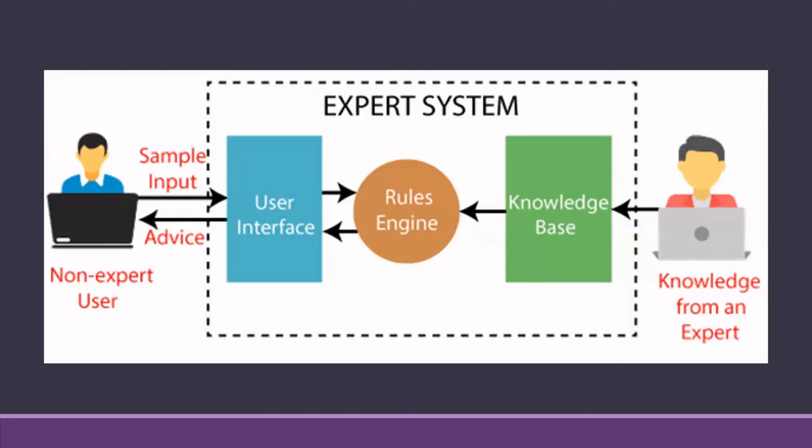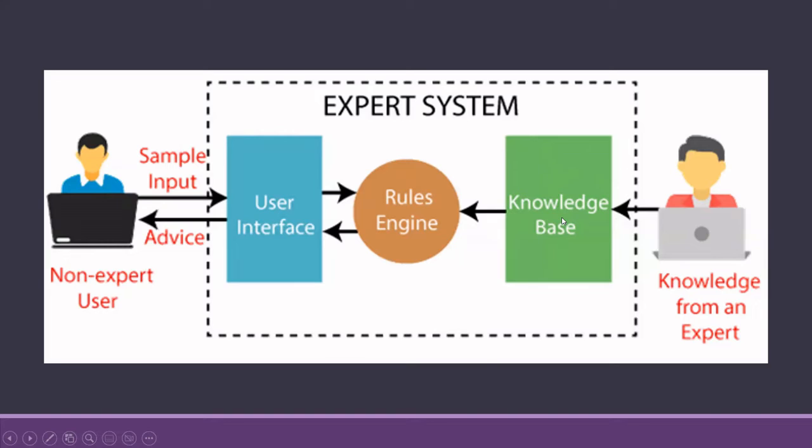So this is the diagram. So there is a user. The user has no expert knowledge. He just gives some inputs. Then through the user interface of the information system, there's a rules engine and the knowledge base. In the knowledge base, the knowledge is stored by an expert in that field.